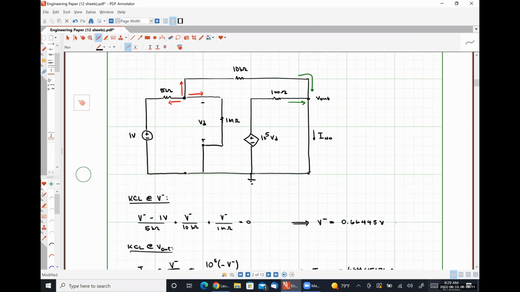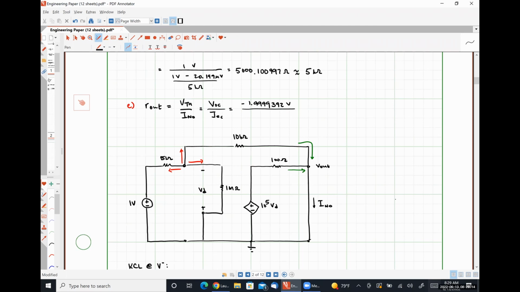So if we substitute in this value for our I Norton, negative 664.45176 amps, we get an output resistance, lowercase r, of 3.0085 milliohms.